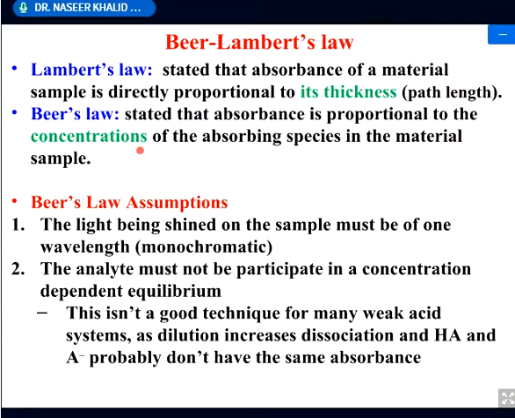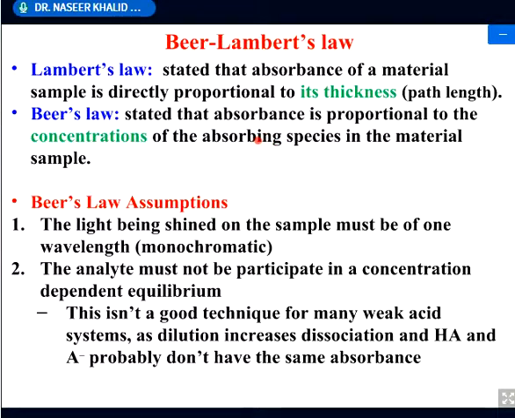Whereas Beer says that the absorbance of electromagnetic radiation is directly proportional to the concentration of the absorbing species in the material sample. For example, if it is a copper solution, copper is the analyte, the absorbing species, and water is the other material in which the copper is present. So it depends upon the concentration of copper in the solution.